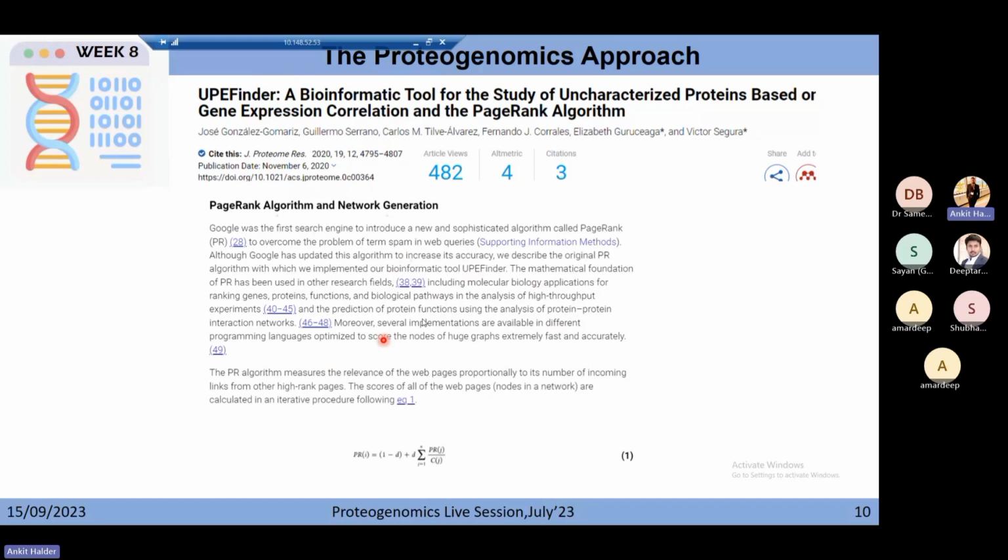Several implementations are available to score huge graphs, and they measure relevance proportional to the number of incoming links from high-ranked pages. If you want to go into detail, it is quite simple: how much relevance is coming from the web pages, proportional to its different numbers.